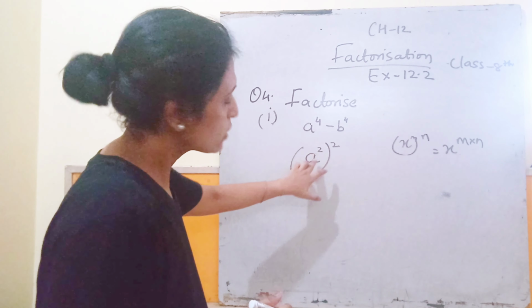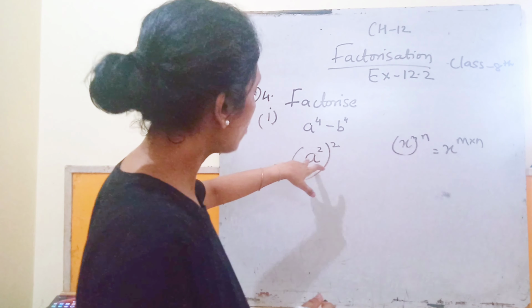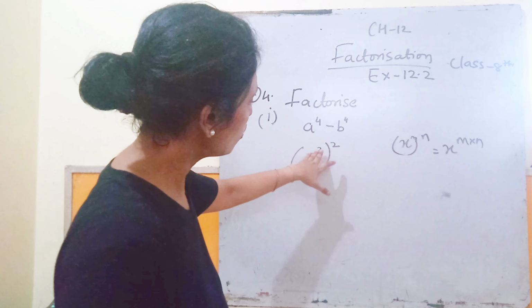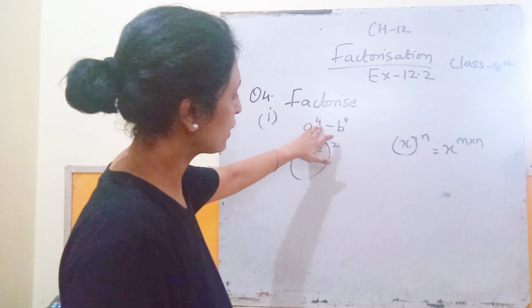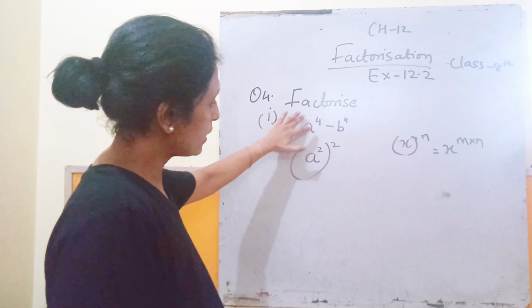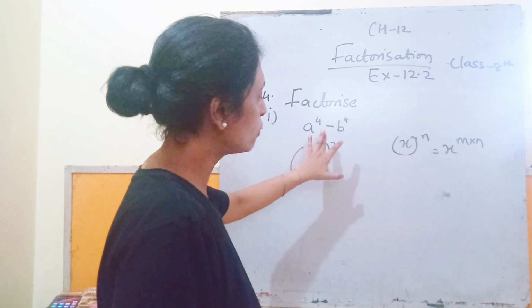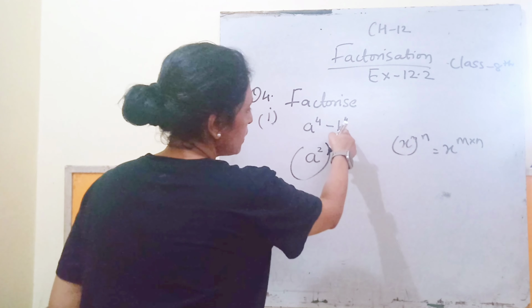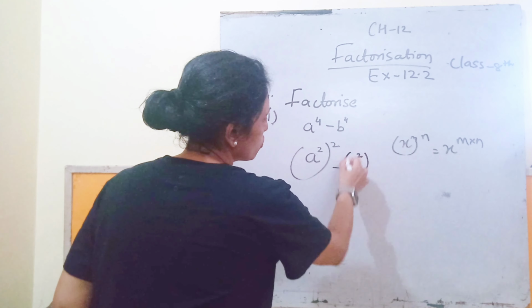So 2 is also the power of this base a, and both the 2s are multiplied and again we will get 4. So this a raised to power 4 can be expressed as a raised to power 2 to the whole power 2 minus, similarly b raised to power 4 can be written as b raised to power 2 to the whole power 2.